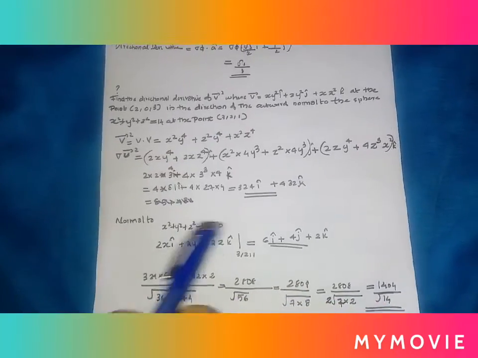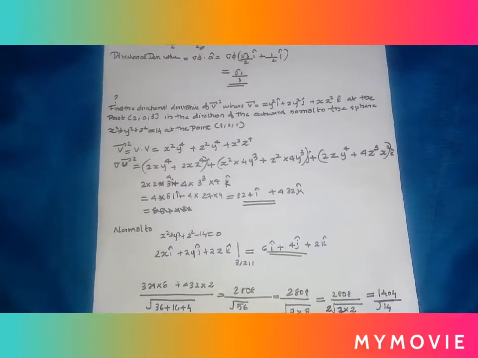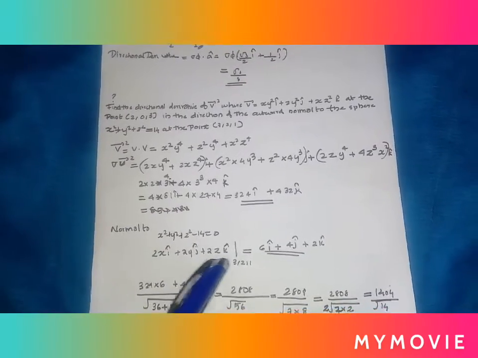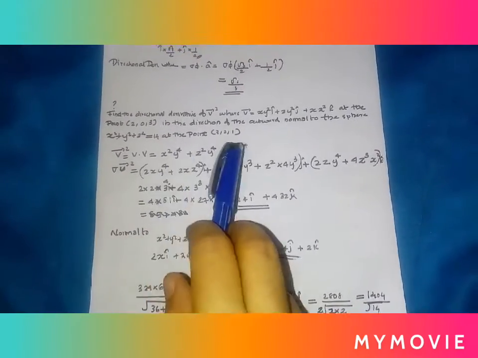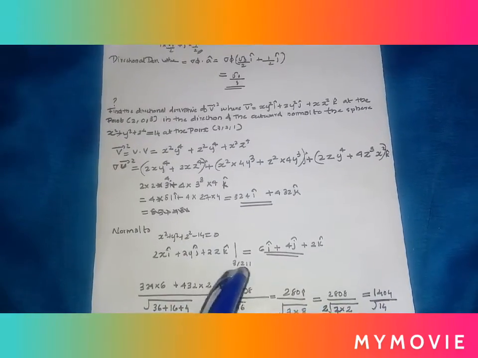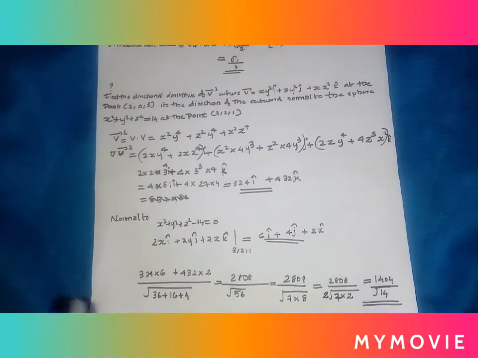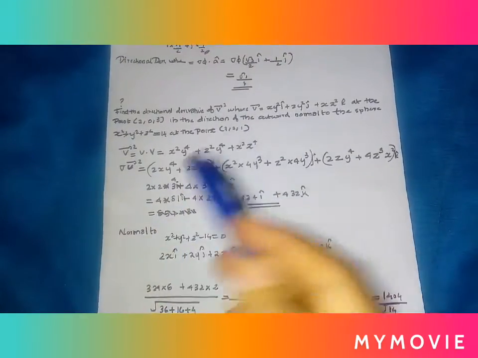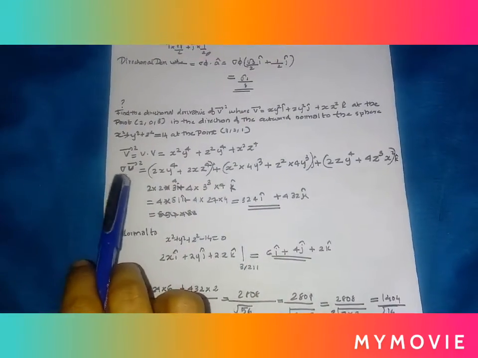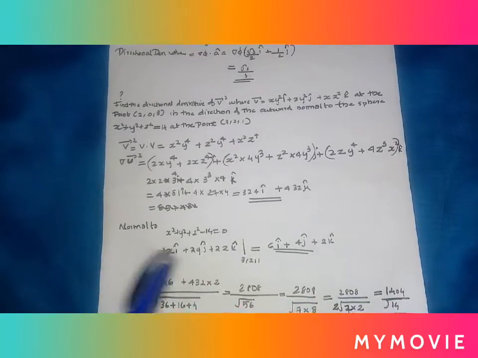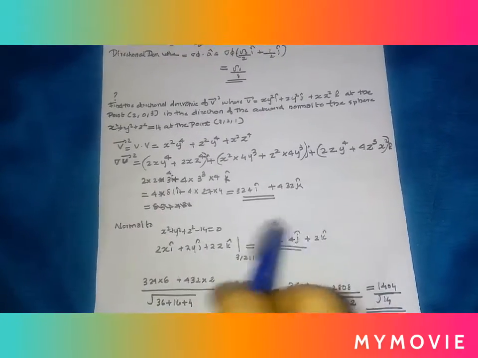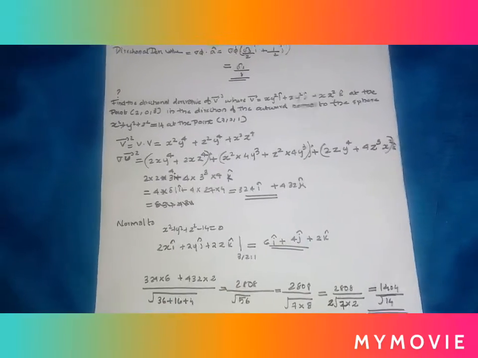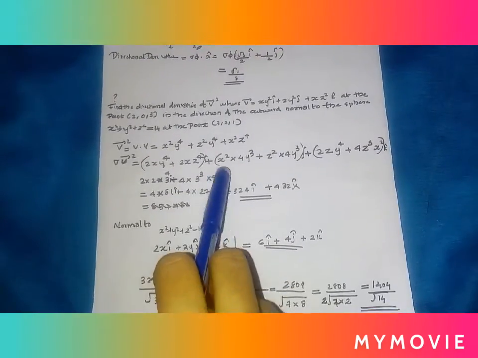So normal to this, we just find del phi for that also, that is 2x i plus 2y j plus 2z k, and at the point (3, 2, 1) we substitute the 3, 2, 1 values here, and we know that in the direction of the outward normal to the sphere means del v² dot a cap. So we have to find the unit vector in the direction and the dot product with the gradient.